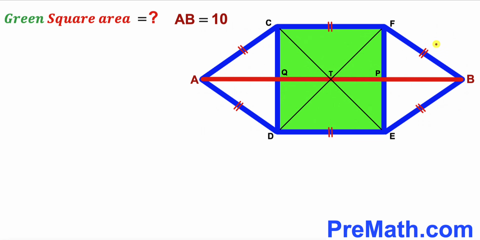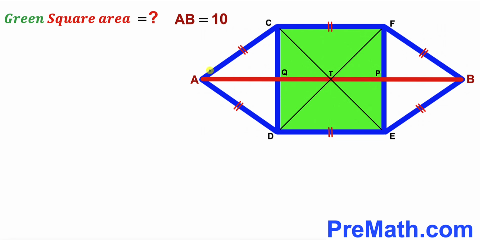We have this green shaded square CDEF and these two equilateral triangles put together, as you can see in the given diagram, such that point T is the center of the green square. Moreover, AB is the horizontal line that passes through point T, and the length of segment AB is 10 units.